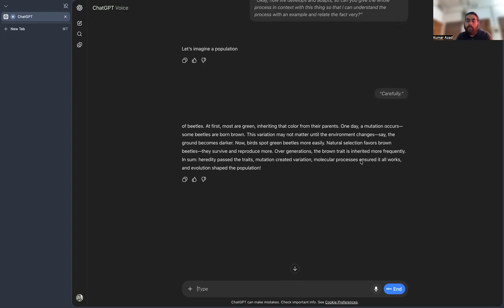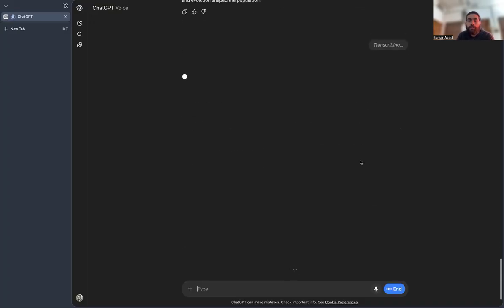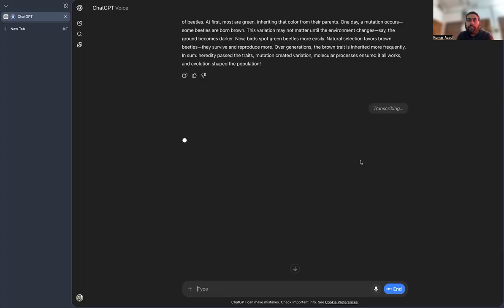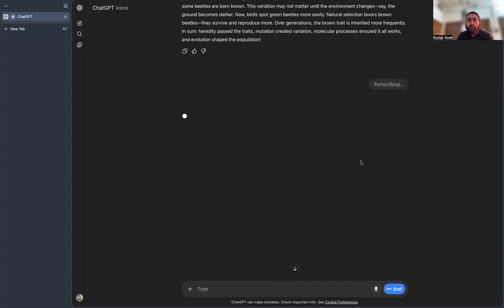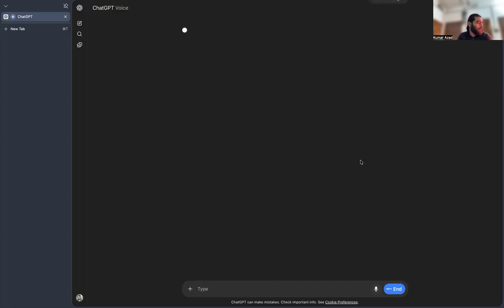And then natural selection favors brown beetles, those with that mutation, and they survive and reproduce more. Over generations, the brown trait is inherited more frequently. Heredity passes the traits and the mutation created variation. Molecular processes ensure it all works, and evolution shaped the population. That's a good one.